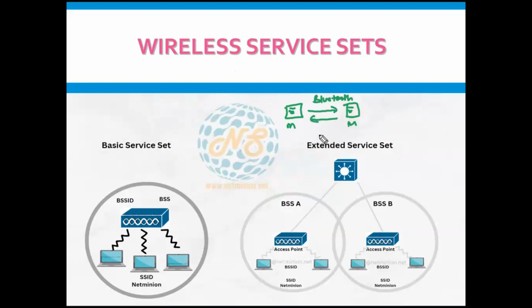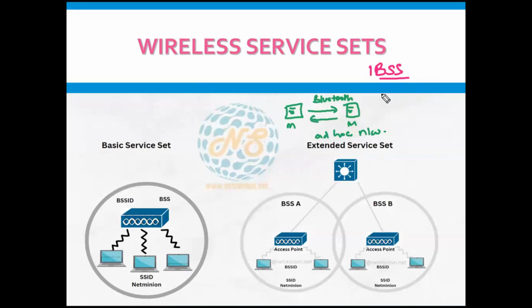We can say these are ad hoc networks. When you go mobile to mobile or laptop to laptop, your wireless communication is still going on, no? That kind of communication, where you don't need any access point, is named IBSS.